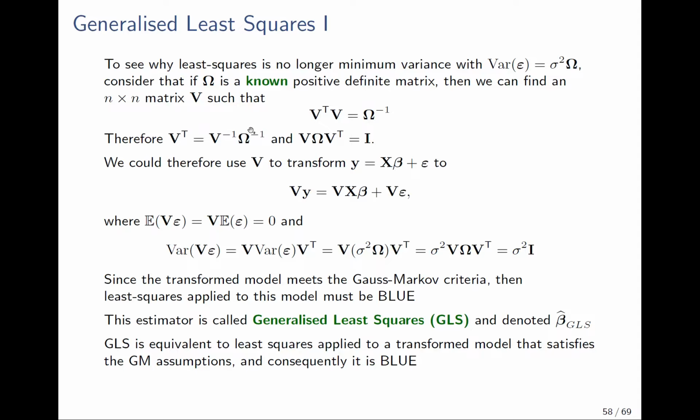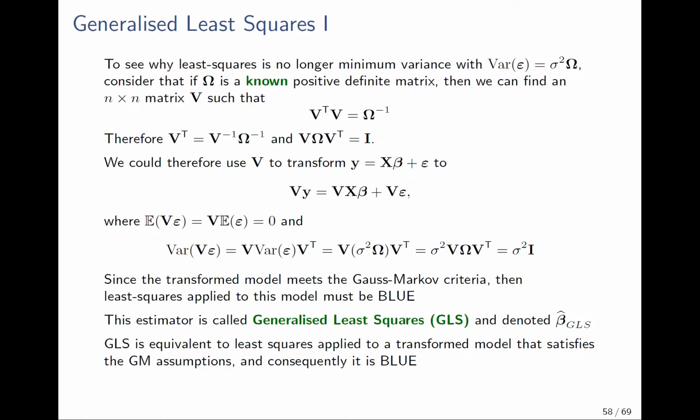We use V to transform the regression model. Multiplying through by V would give us Vy equals Vx beta plus V epsilon. V omega V transpose is equal to the identity matrix. So we take V and we transform our regression model by pre-multiplying it through by V.